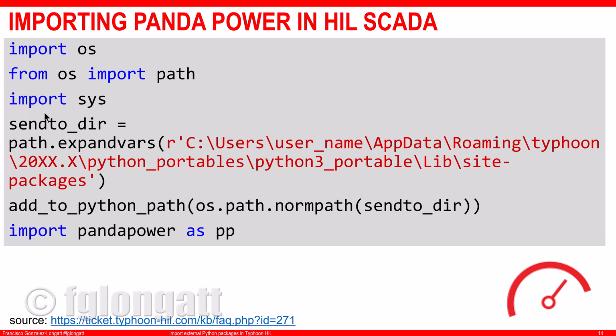And as you can see over here, what we need to do is basically import the operating system library or package, and from there we import the path. Also, we need to import the package called sys, and from there we define this variable that is including paths and expand variables, that is adding the path where the installation of the PandaPower package is located.